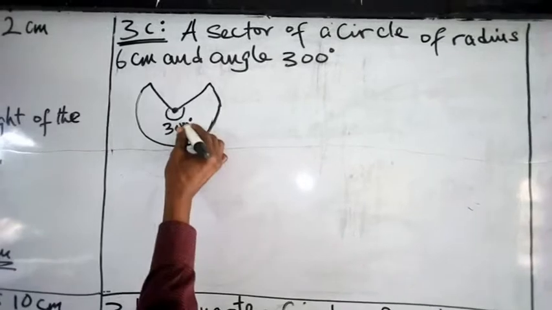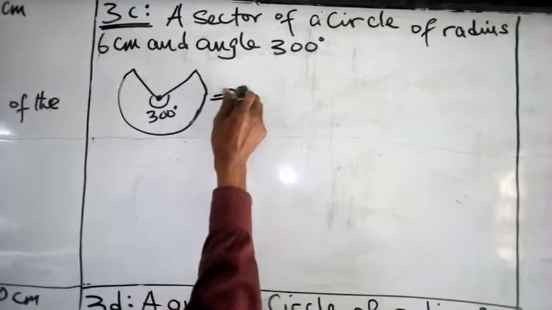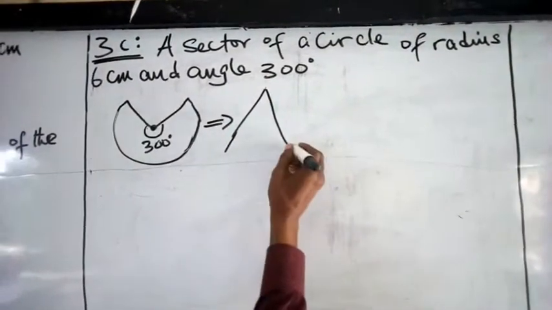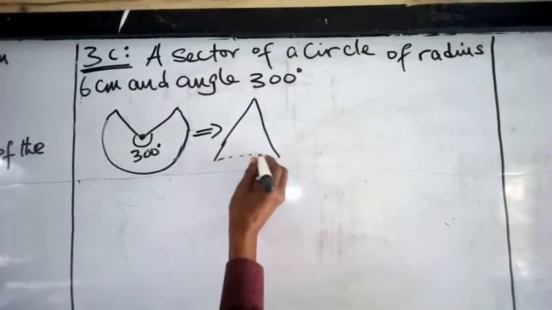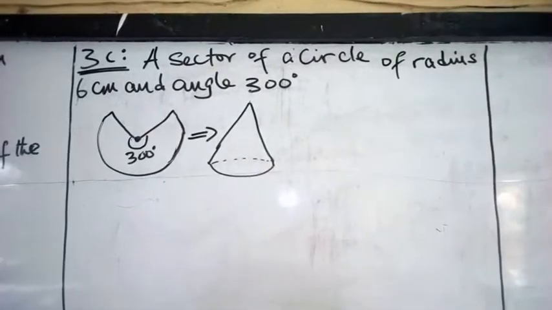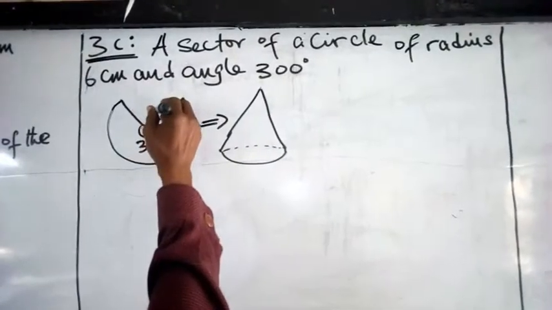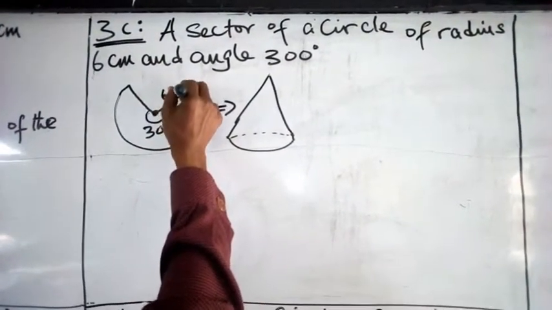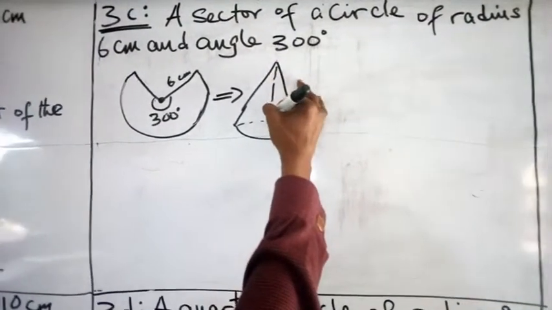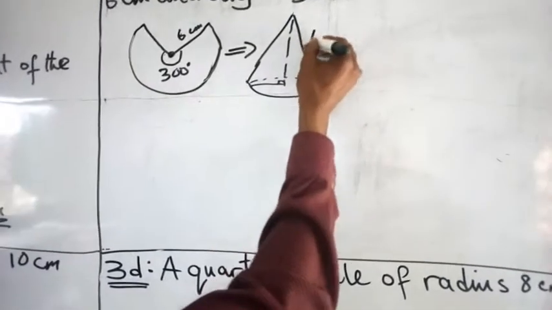When folded, you have the radius, which is 6 here, become the slant height.